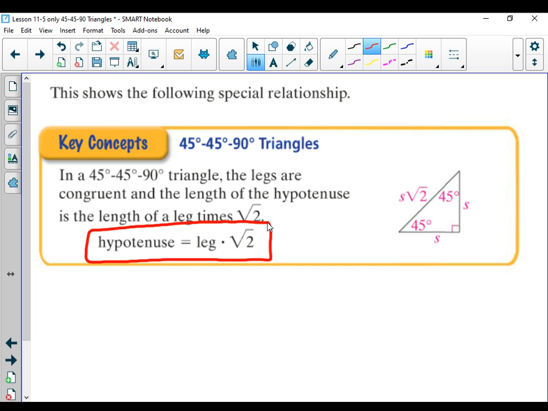Maddie? You're not wrong either. Isabel? It says something over here about an isosceles triangle. So, is this an isosceles triangle? It is. Why? Because isosceles have two sides the same.